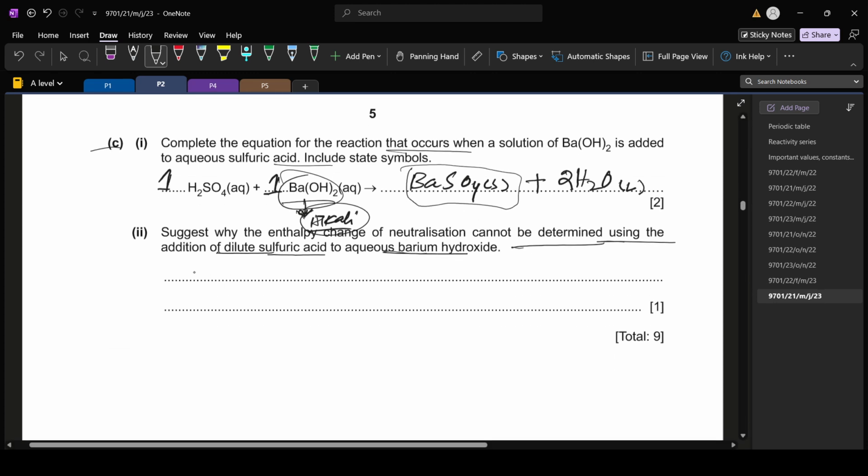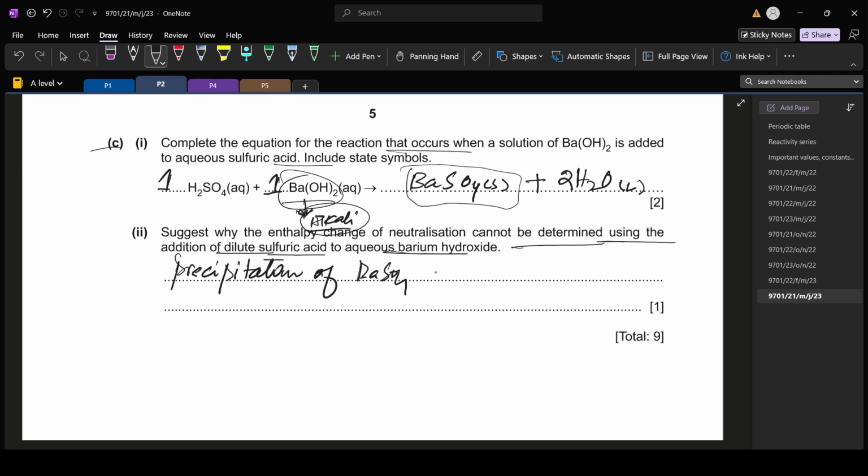Okay, so precipitation of barium sulfate also involves energy change. That's why you cannot determine the enthalpy change of neutralization.